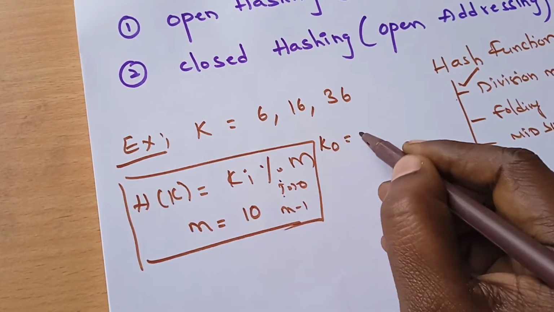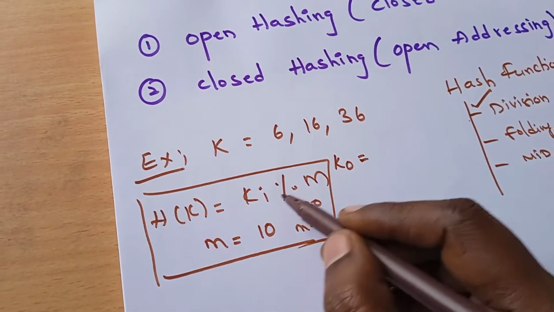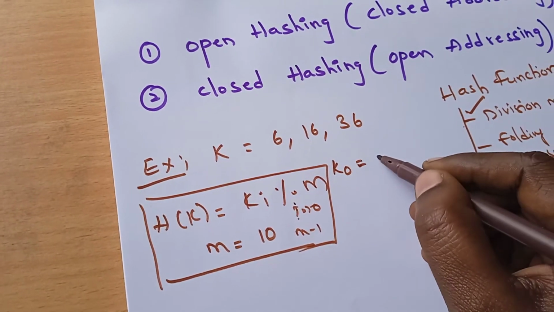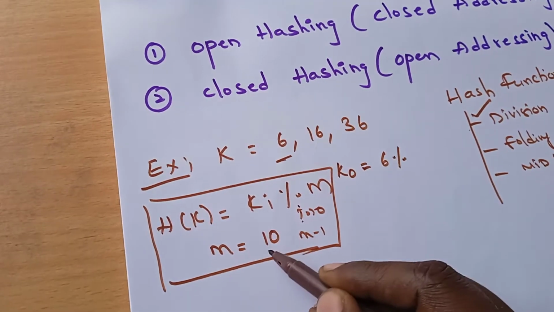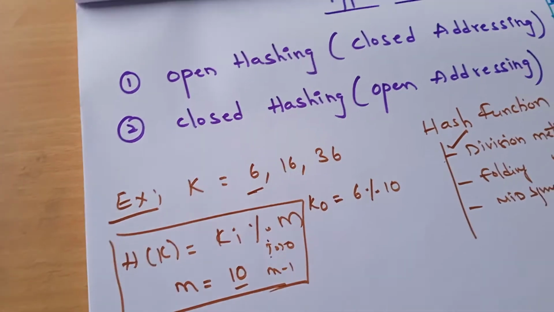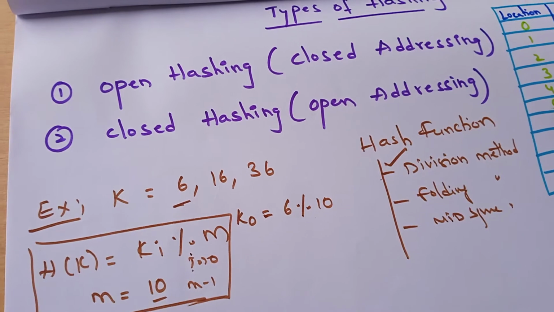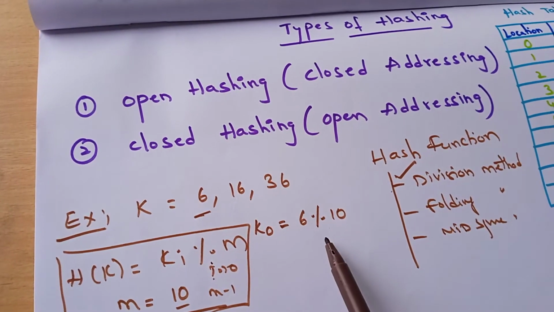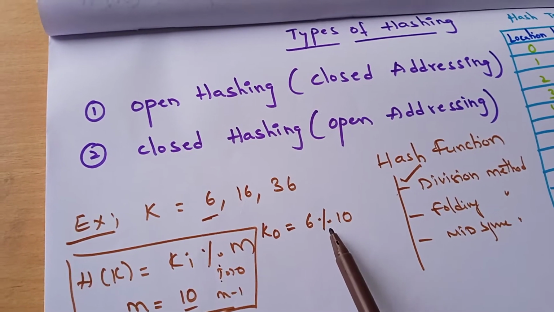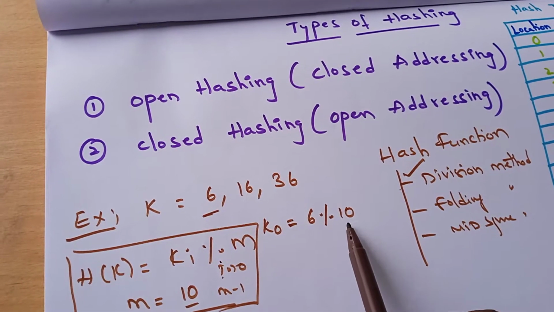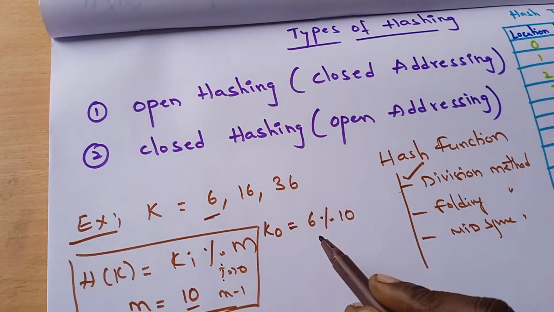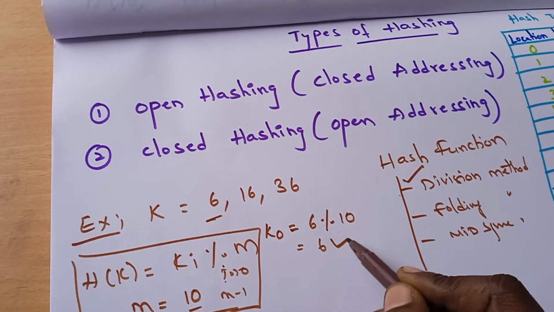Now k of 0 is ki, that is 6 % 10. When you are performing a modulo operation, the remainder will be the result. When the numerator is less than the denominator, the numerator will be the answer. So here 6 is the answer.